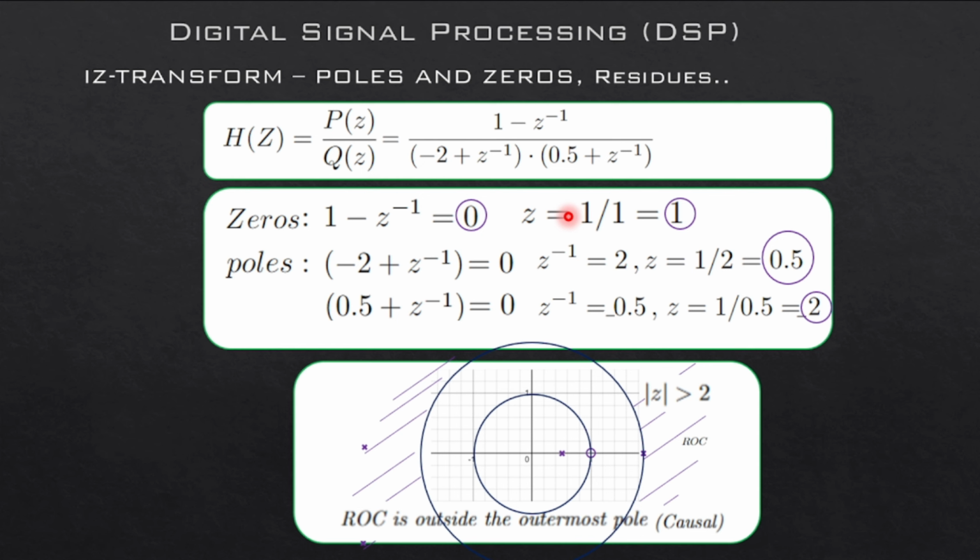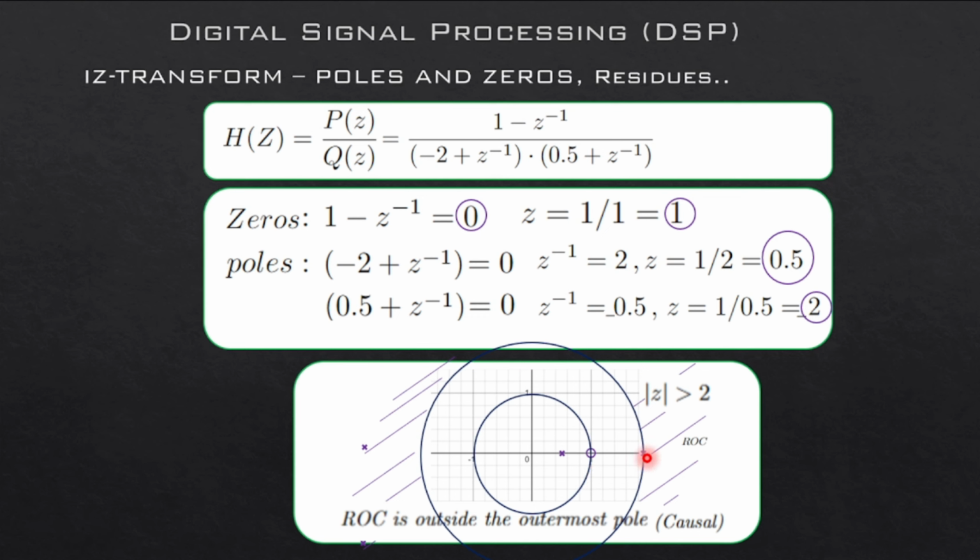So z to the power minus 1 is equal to 1, so z is equal to 1 over 1, which is the inverse, equal to 1. This is the zero, okay? How do we represent it? It is on the unit circle, exactly on the circle, this is the one.